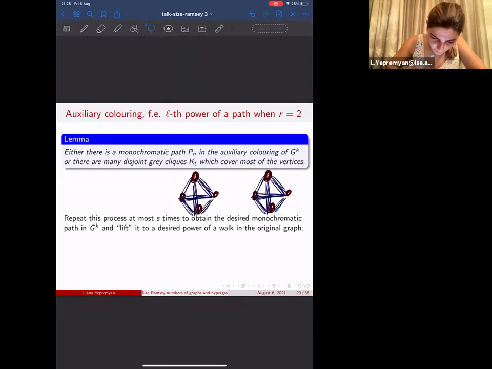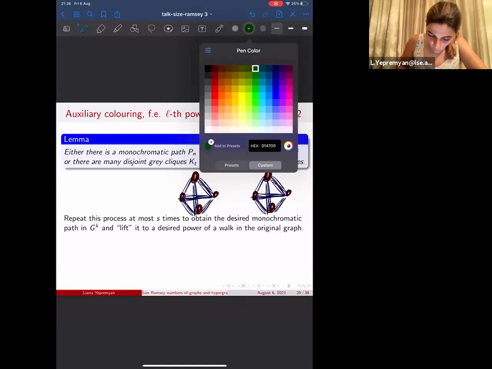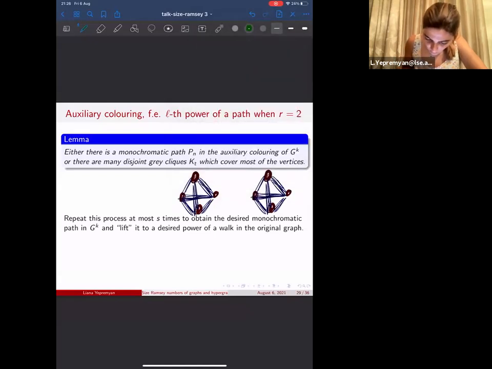So I see, say, green edges that go from one such blob to the next one. And what happens is that you have only as many colors, and if you keep repeating this process after as many steps, you are going to have to find a long path. It's very vague what I'm saying, but that's the main idea.